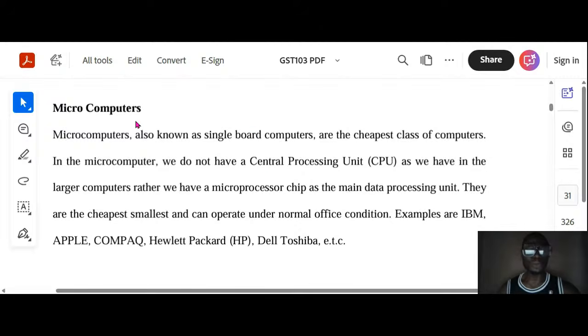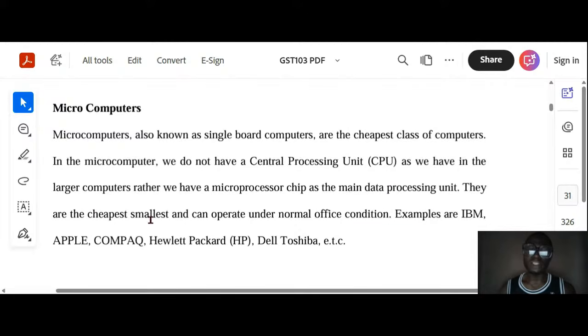So microcomputers, which is the first one under the category. Microcomputers, also known as single board computers, are the cheapest class of computers. In the microcomputer, we do not have a central processing unit as we have in the larger computers. Rather, we have a microprocessor chip as the main data processing unit.